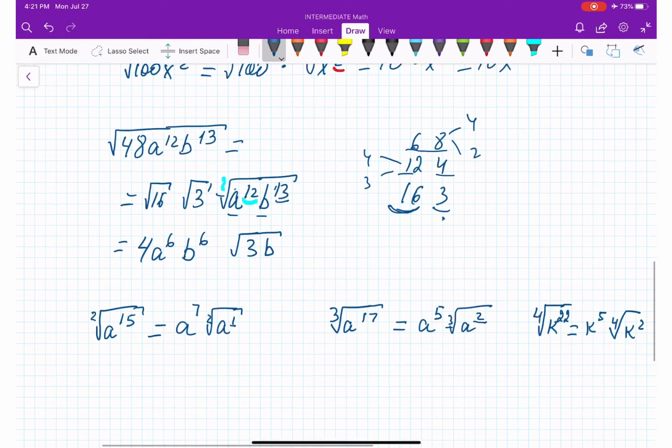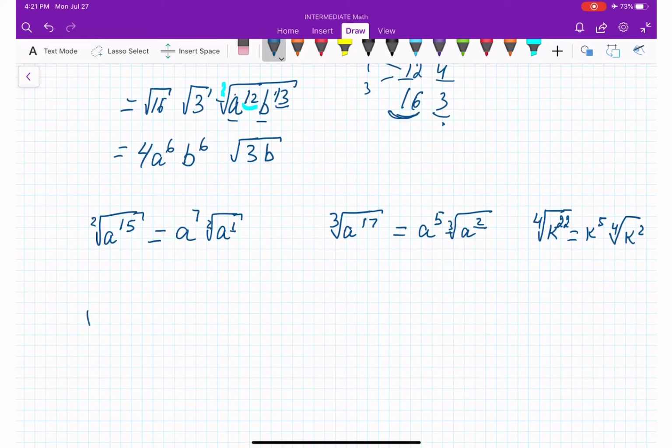Next problem. We are going to have the square root of 90, okay, x to power 7, y, z to power 4.